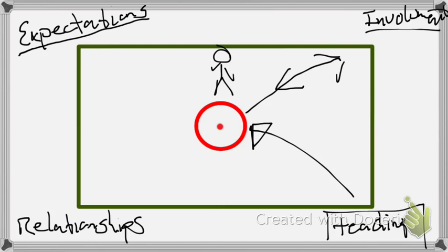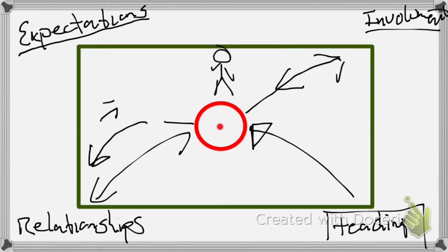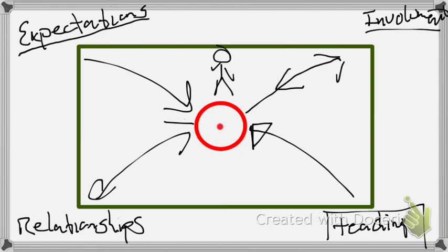This could also be both ways. Maybe they're getting some energy from the involvement they have in the church. Relationships, again, is a two-way arrow, and the arrows could be different lengths. Maybe they're giving more than they're receiving in the relationship. But expectations should be something that the church puts toward the individual, so that arrow mostly works in one direction, maybe a little bit in the other.